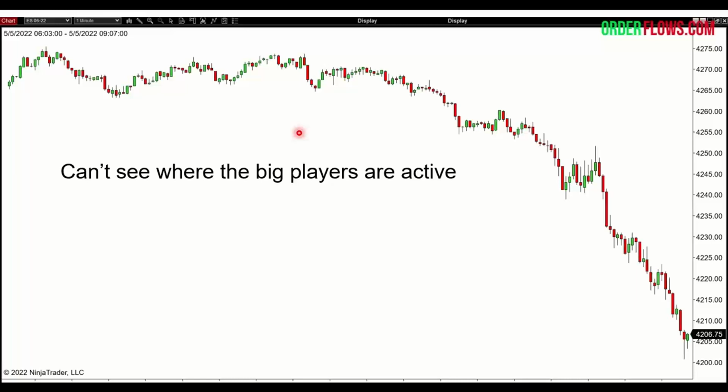Because where the market opens, especially if you're using a time-based chart, it's generally going to be where the previous bar closed, right? I mean, if you're using a 1 minute chart, market opens, market closes at 60 seconds and the next bar opens right there. Okay, that's one of your data points on a candlestick chart.